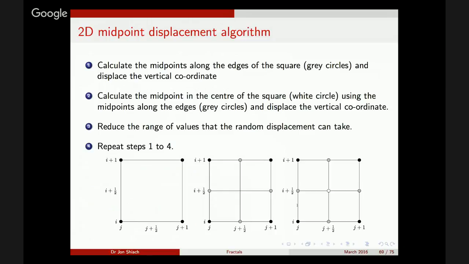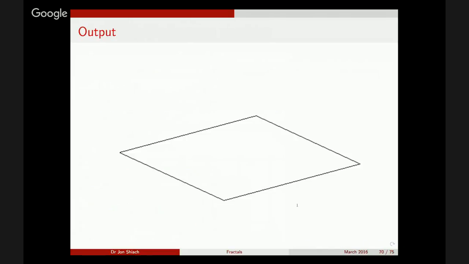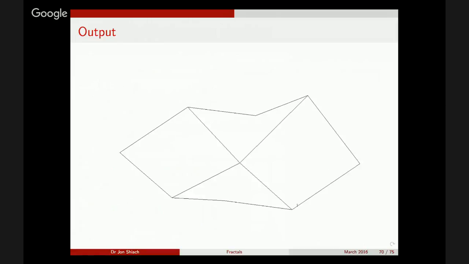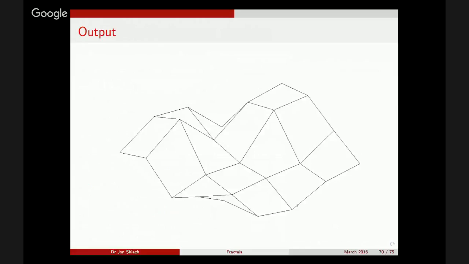Starting with a flat square, that's the first one. It doesn't look very good at the moment, that's okay. We've got halfway along each edge. We've also got a midpoint in the middle. So there we've got 4 squares. Now for each of those 4 squares, we do the same thing again. Remember, it's all random, moved up and down by a random amount.